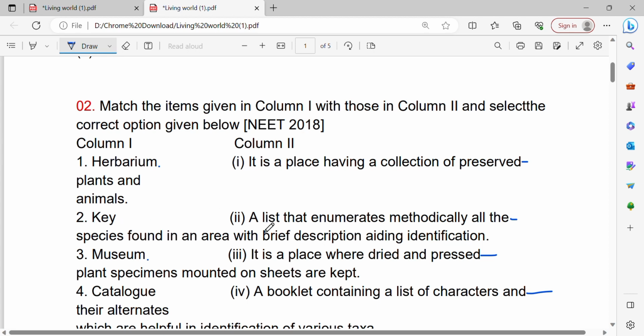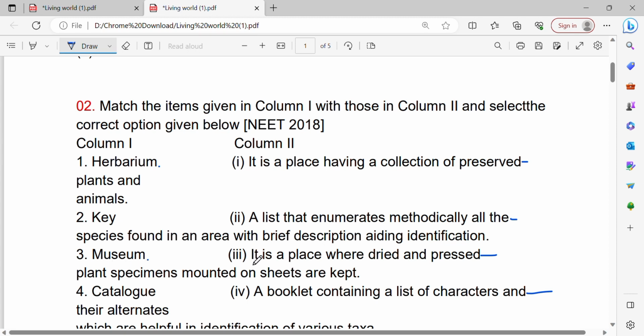Option 2. Key. A list that enumerates methodically all the species found in an area with a brief description adding identification. Option 3.